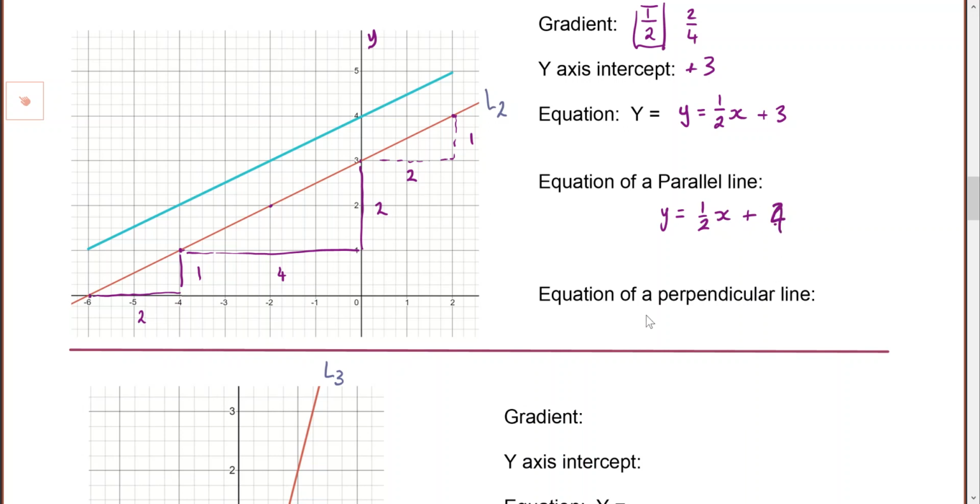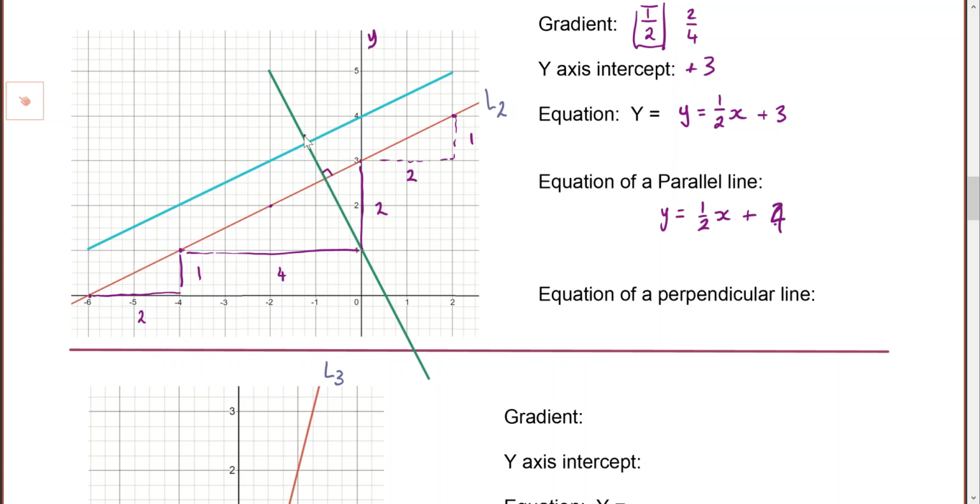So, equation of a perpendicular line, well, because I'm able to, I can draw a perpendicular line without having to tilt my paper around, and I'm going to do it like this, right? So I'm going to say, here's my perpendicular line. How did I do that?